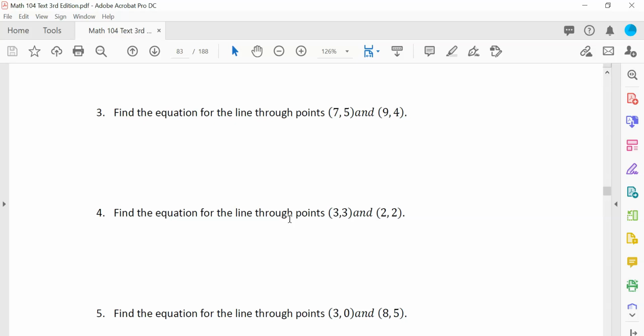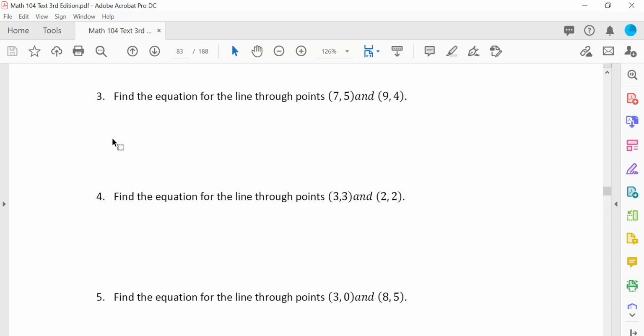But this is the basic idea. All right. So you can try those other three on your own and the at-home practice problems as well, but I'm going to push pause right there and go on to the next format.